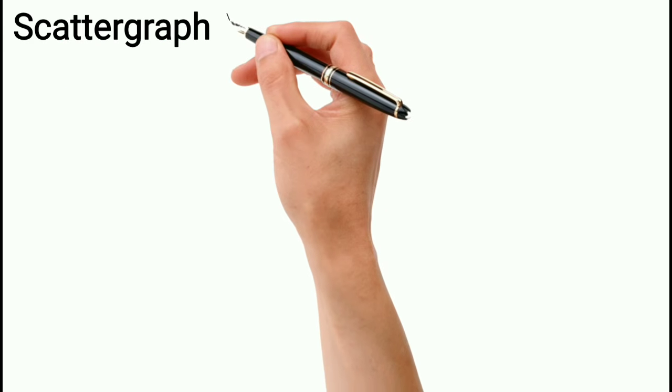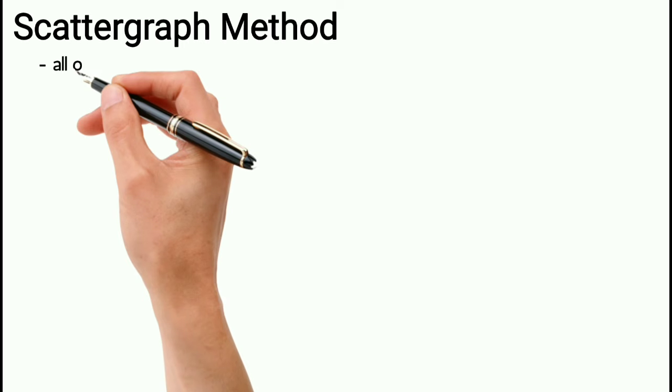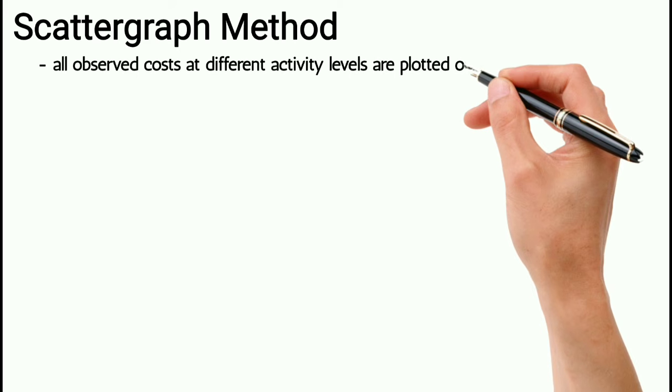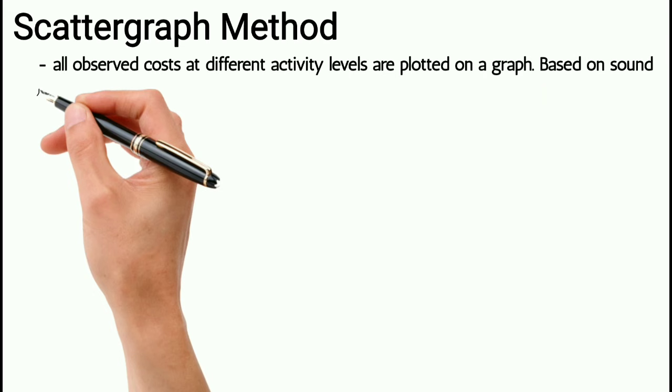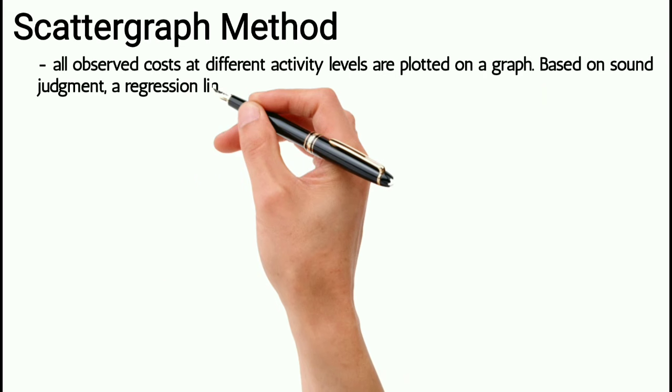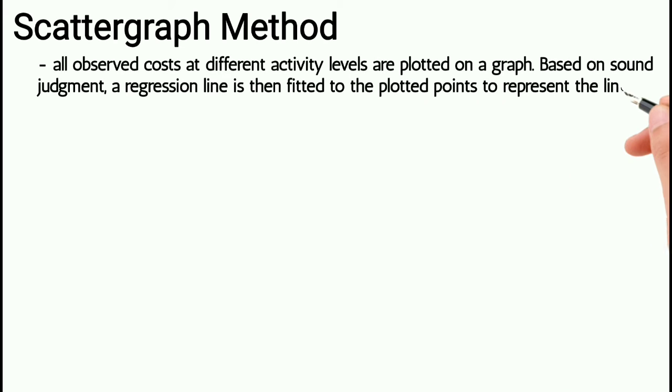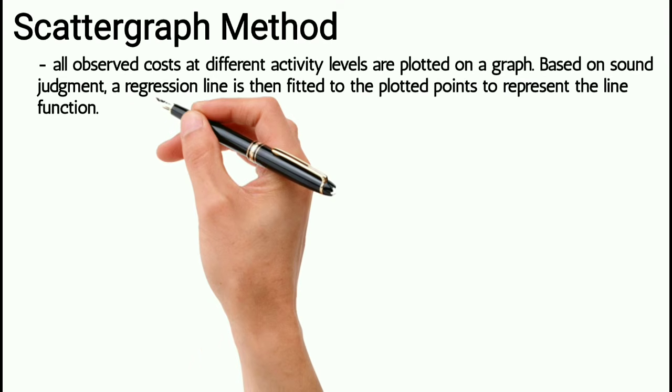The third cost segregation technique is Scattergraph method. In this method, all observed costs at different activity levels are plotted on a graph. Based on sound judgment, a regression line is then fitted to the plotted points to represent the line function. Actually, ito yung itsura ng scattergraph.